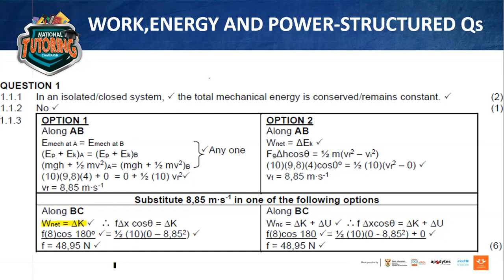Now, if I say W net is equal to delta K, then I need to go and break delta K. And for me to break delta K, I will know that when I see the change in kinetic energy, I see the final kinetic energy minus the initial kinetic energy.